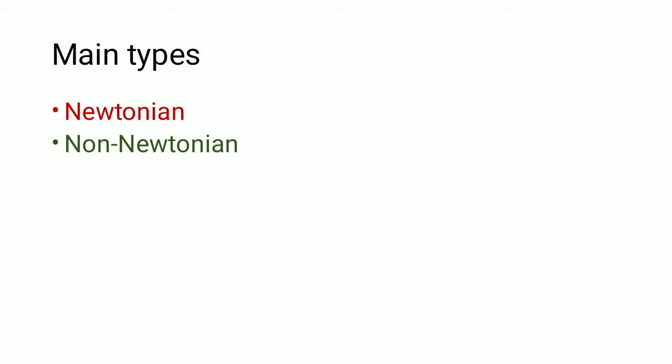What is the basis for this classification? Their behavior as per rheology. That means how they actually flow. On that criteria, they are classified majorly into two categories. First is Newtonian and second is non-Newtonian.